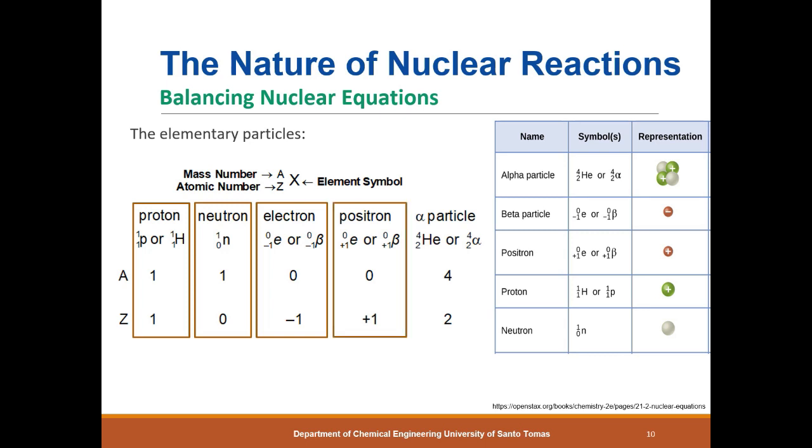The positron has the same mass as the electron, but bears a +1 charge. Then, we have the alpha particle that has 2 protons and 2 neutrons, so its atomic number is 2 and its mass number is 4.